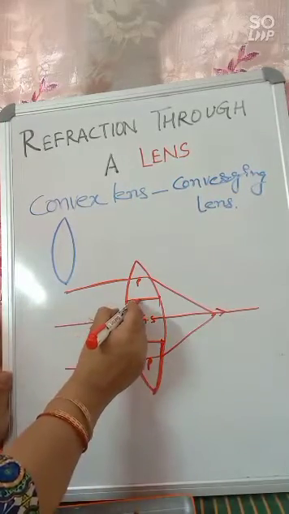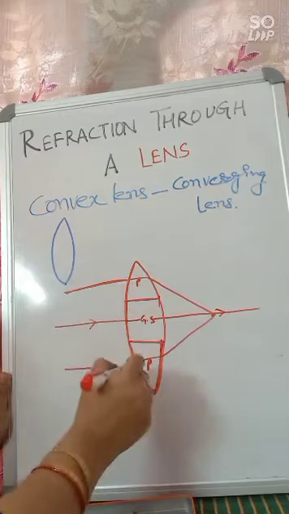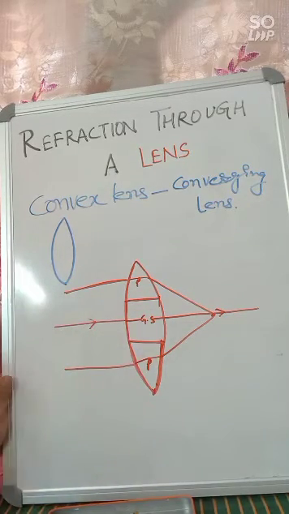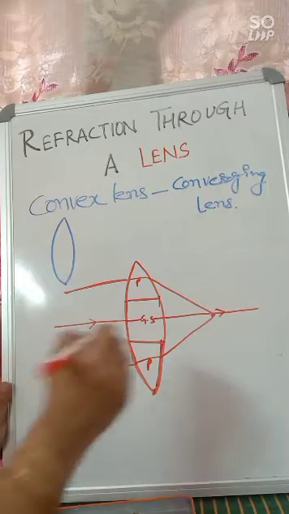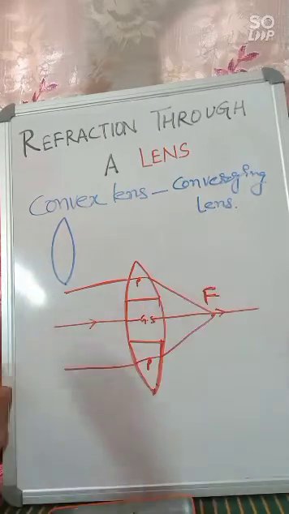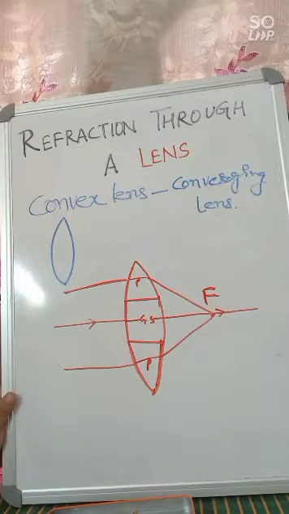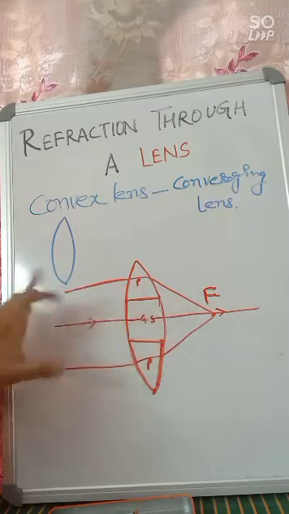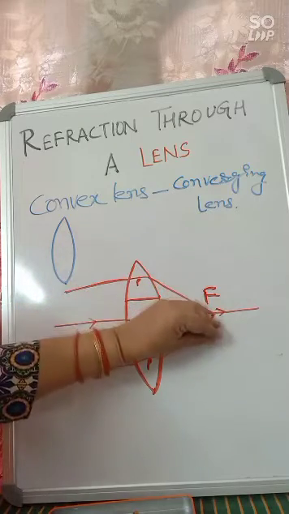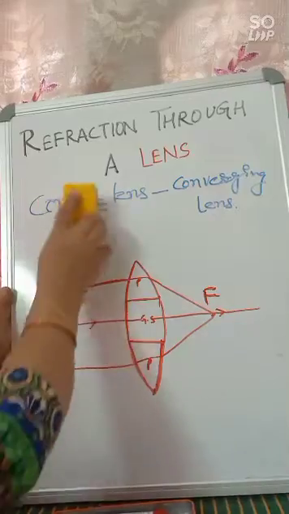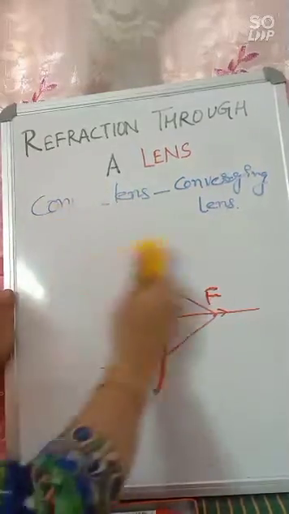This is the base of the first prism, and this is the base of the second prism. And where are they going to meet? They are going to meet at the focus. So that's why we say that a convex lens has a converging action, because all the rays are converging to a point. Now let's see what happens for a concave lens.